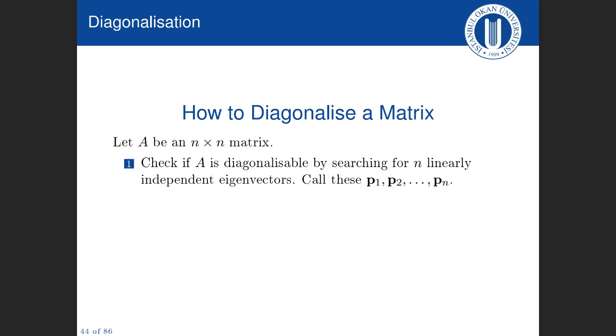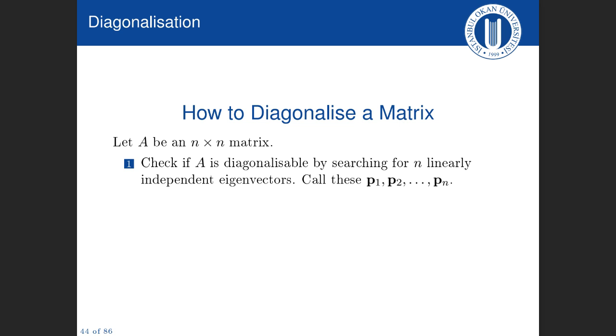So, how do we diagonalize a matrix? This is going to be our method. A is going to be an n by n square matrix. Step 1, we need to check to see if A is diagonalizable, and we do that by searching for n linearly independent eigenvectors. If we can find n linearly independent eigenvectors, then A is diagonalizable, and we can continue. If there do not exist n linearly independent eigenvectors, then A is not diagonalizable.